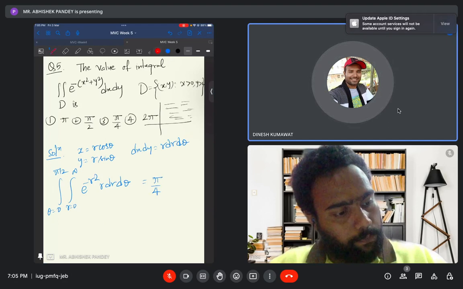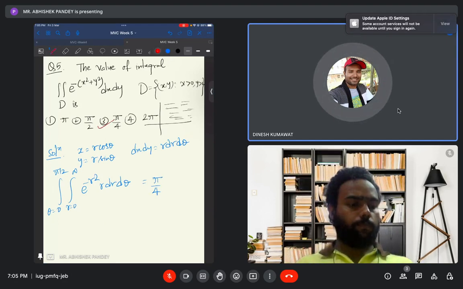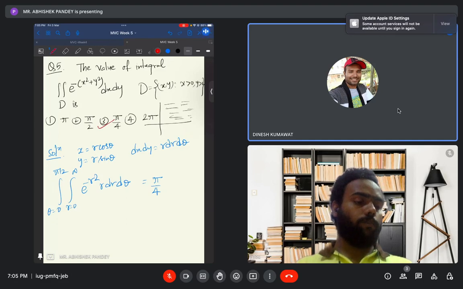Instead of that, can we use the gamma function over here? If I multiply and divide by 2, then the second integral becomes gamma.